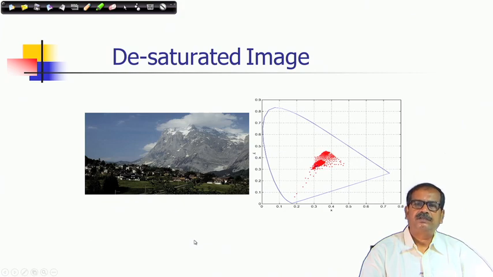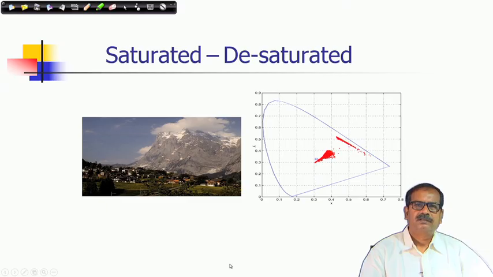Following that, desaturation using that center of gravity law, you get a desaturated image like this, where the chromaticity chart shows the distribution of color in this form. So, after saturation, when you perform desaturation, it looks like this.